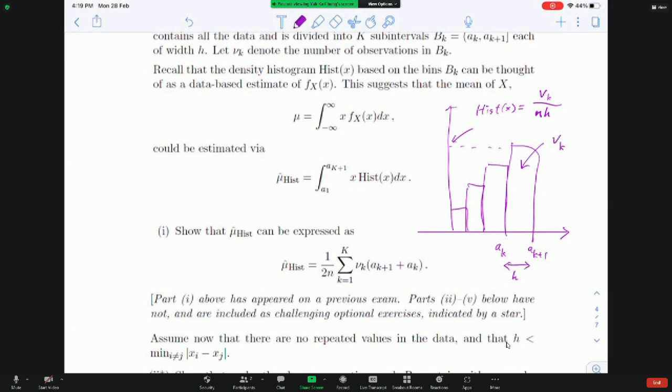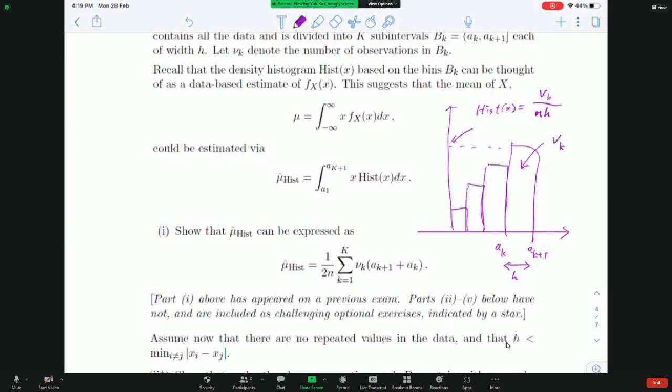So for a histogram, you use the area to represent the proportion of the sample. The area of this block is equal to the proportion, which is the frequency divided by the sample size. So the area is equal to that.